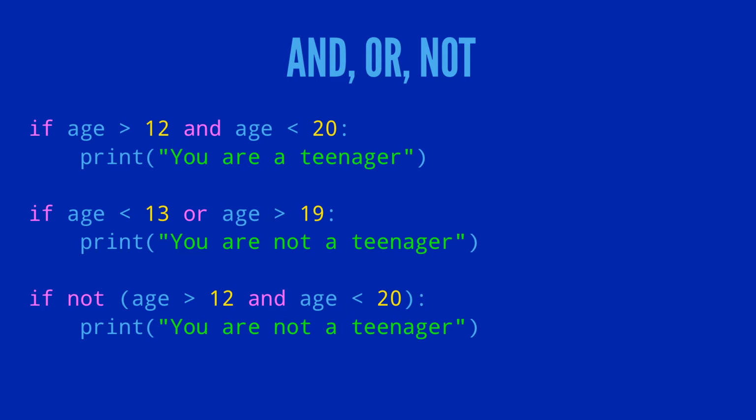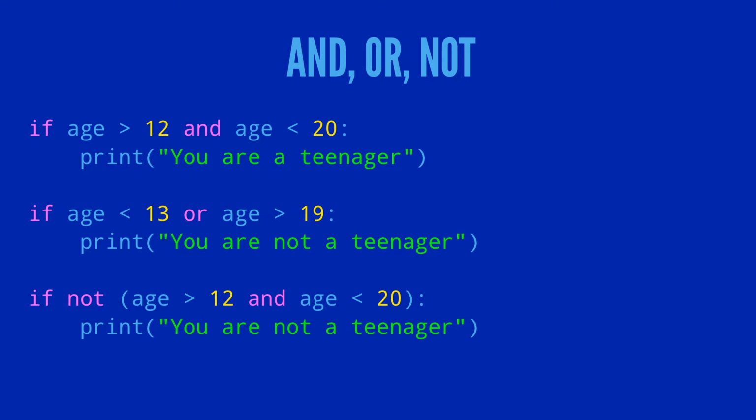So the and statement allows you to collect together two independent expressions, and in order for them to be true, both sides need to be true. So the expression on the left of the and needs to be true, and the expression on the right of the and also needs to be true. If either of them is false, the entire statement is false.